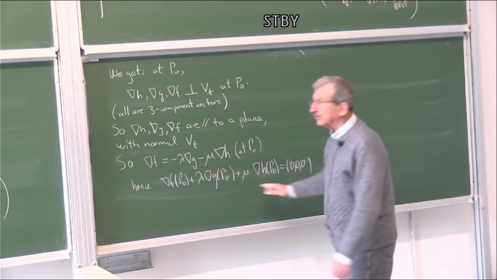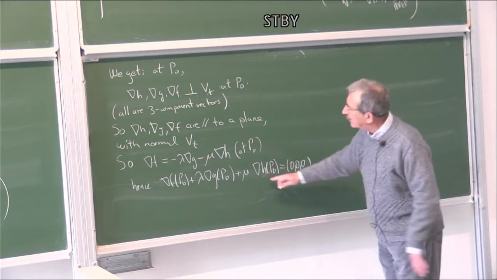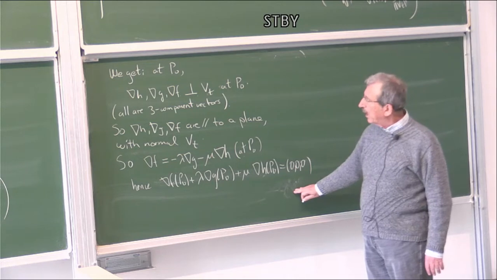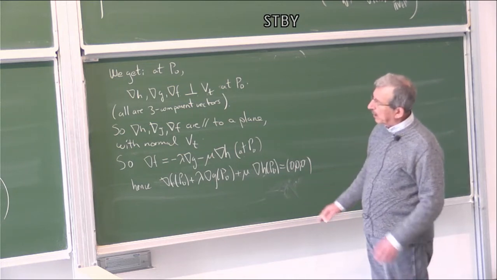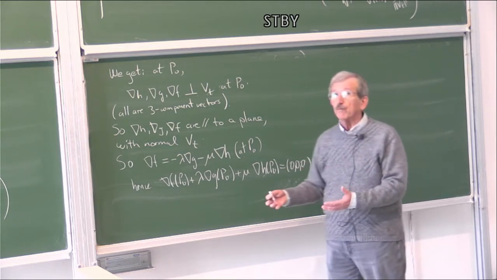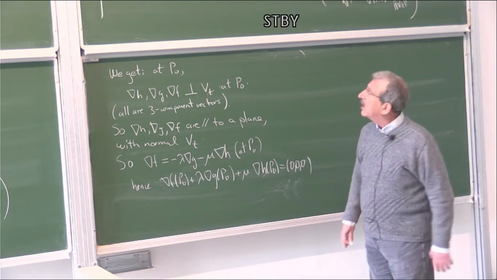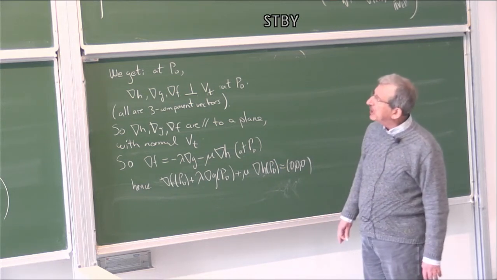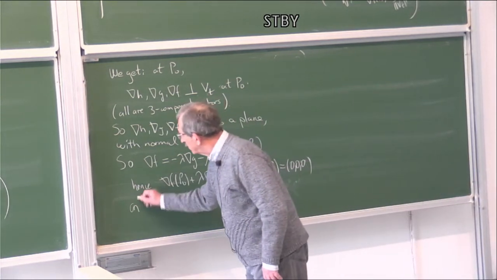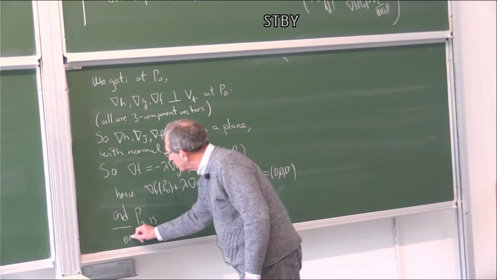Of course, this looks familiar from the two-variable case. We only have here the three-variable version. Now, what was P0? P0 was a point on the curve. So it should satisfy both surfaces G and H. P0 is on both surfaces.